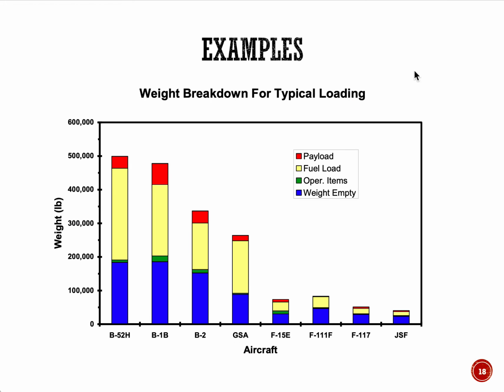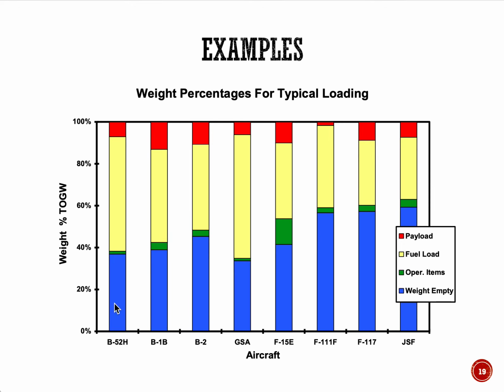All right. So just to give you a good example of a weight breakdown for typical loading, on the left-hand side you have the bombers, and you have the fighters here, right? This is the weight in pounds. You see the weight breakdown. This is in dimensional form, so it can be a little hard to read, but let me put it in terms of percentage of gross takeoff weight.